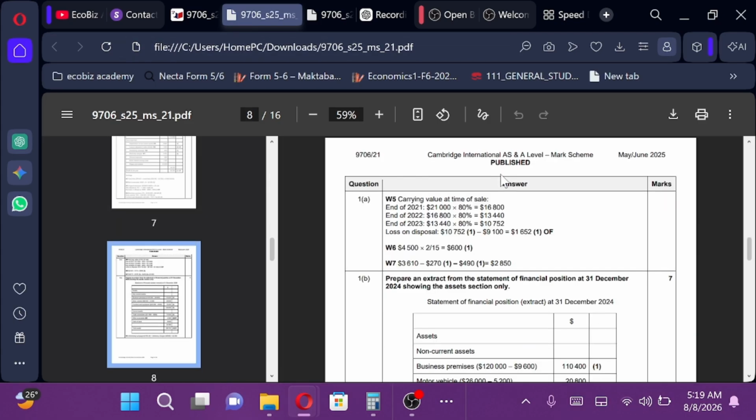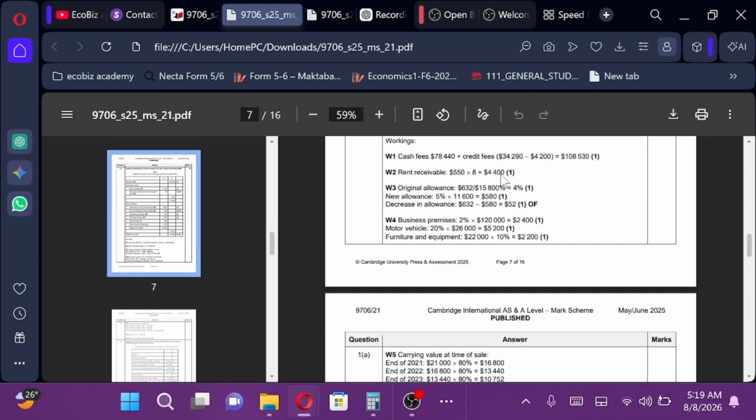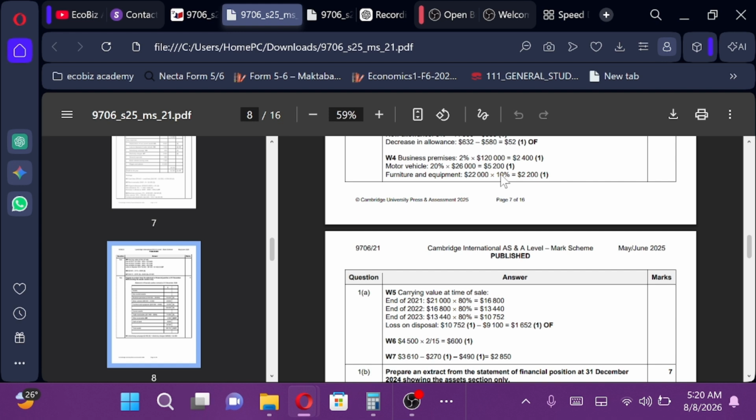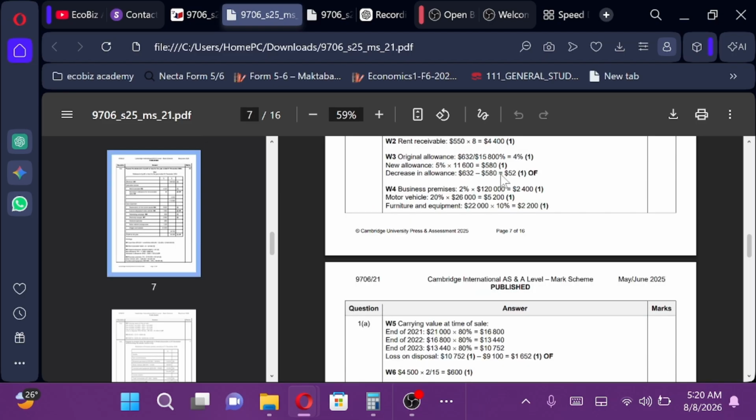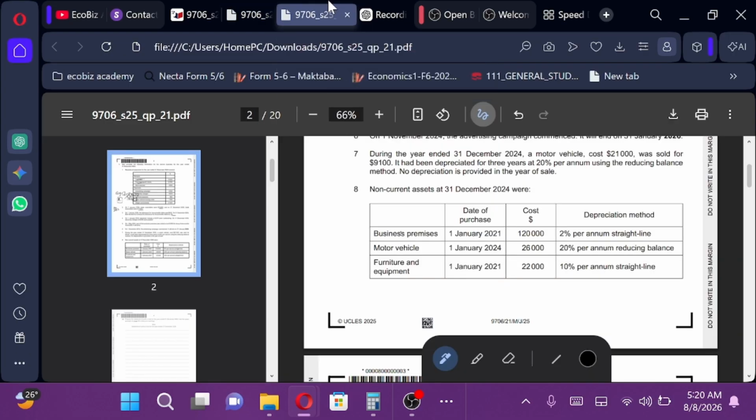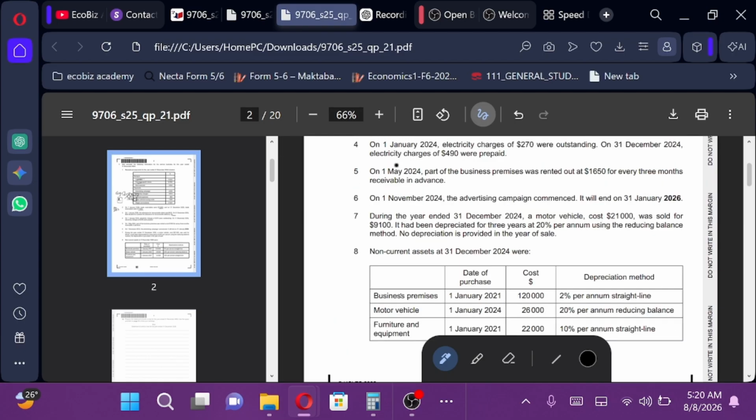Now let's double check here, because it says carrying value at time of sale, end of 2021, end of 2022, end of 2023. Okay, so let's read here. It says number 7 right here.